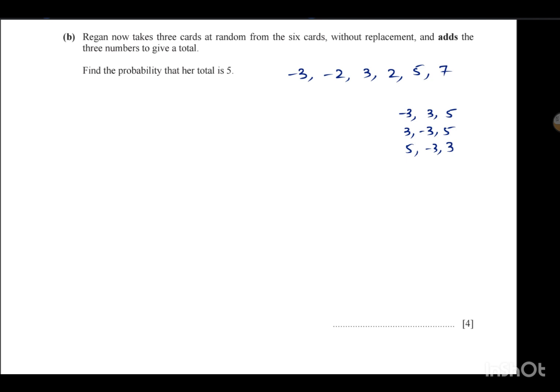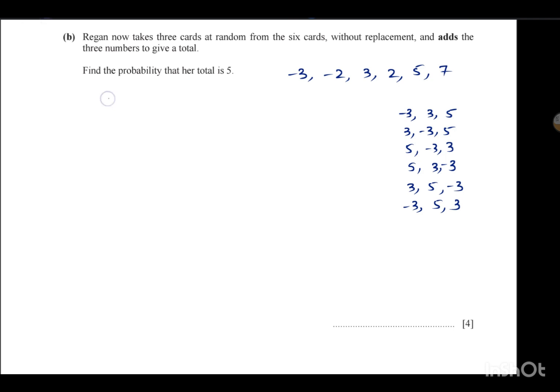It can be 5, 3, minus 3 also. Then 3, 5, minus 3. It can be minus 3, 5, 3. In this way you can get the cards. So how many possibilities? 1, 2, 3, 4, 5, 6. 6 possibilities of getting minus 3, 3 and 5.